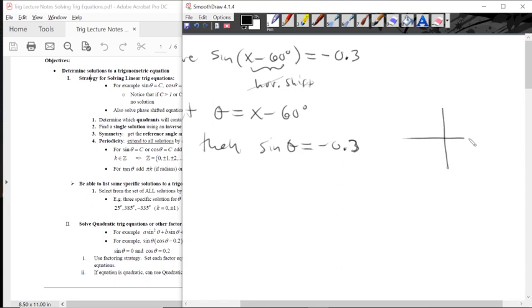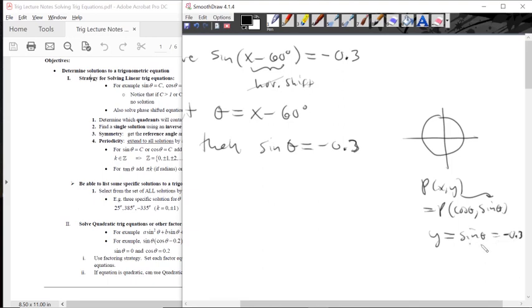I'm going to use the geometry of the unit circle again. Remember in the unit circle, for any terminal point, x is going to be the cosine of theta and y is going to be the sine of theta. So it's the y coordinate that is equal to the sine of theta. So we want to know where y is equal to negative 0.3 within the unit circle.